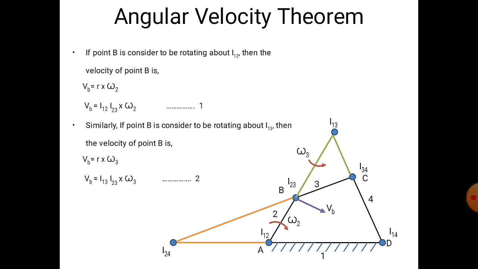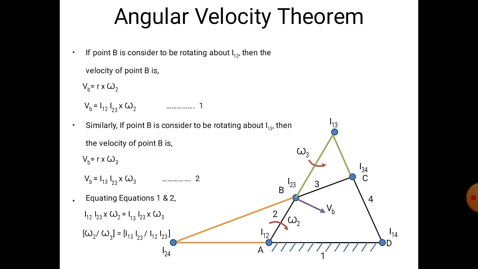So the velocity of point B will be the distance between eye centers I13 and I23 into omega 3. So equations 1 and 2 both are representing the velocity of point B. So equate equations 1 and 2. So we are going to get omega 2 upon omega 3 equals I13 I23 divided by I12 I23.